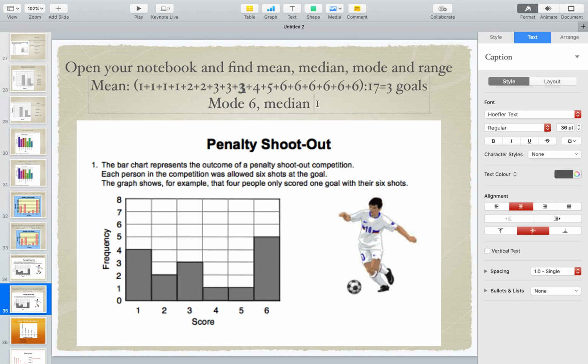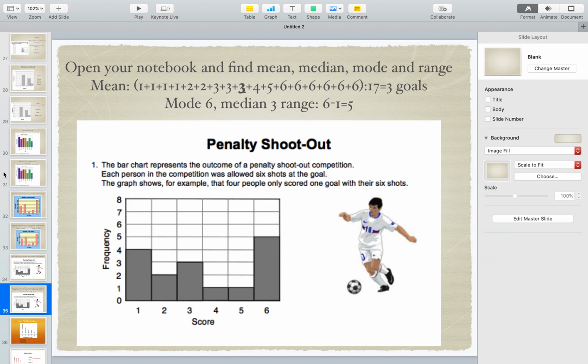Okay, and range is 6 minus 1, 5. Okay, and that's our answer.